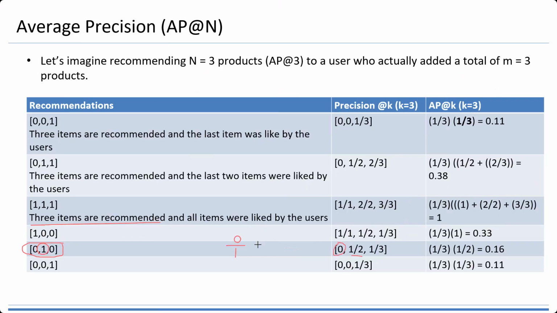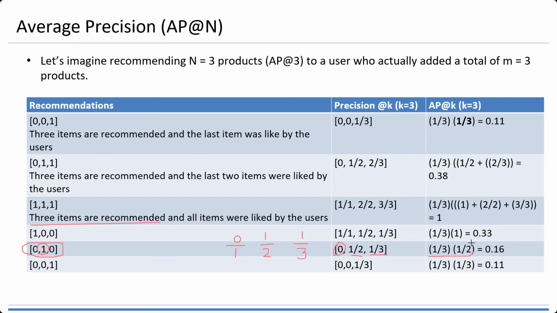The second one, among 2 items, 1 item was liked by the user. In the third item, among 3 items, 1 item was liked by the user.